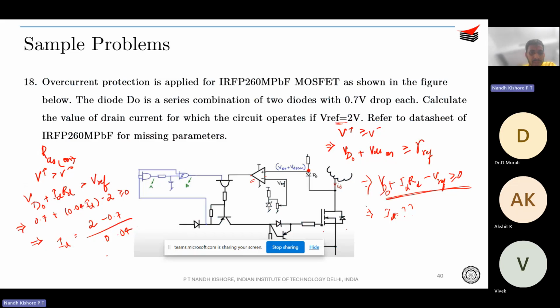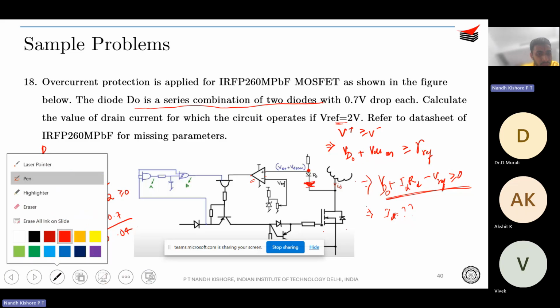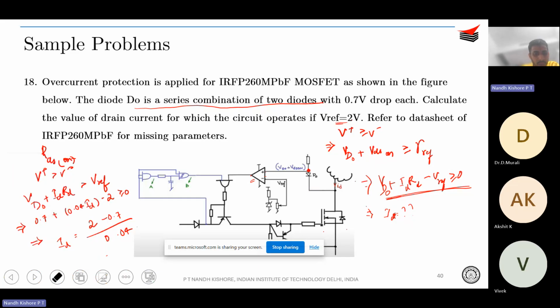But anyway, they have given that the diode is a series combination of two diodes. So this is not just one diode, it will be two diodes. They have not represented that in the problem. Let me use an eraser. Just a small correction.